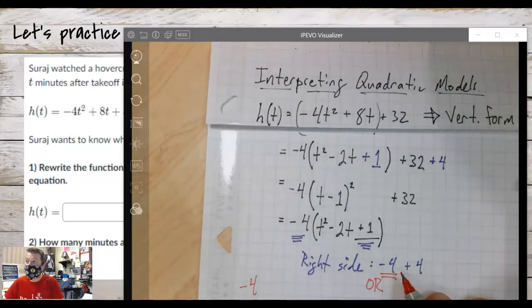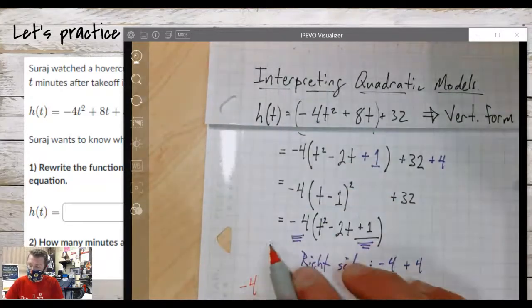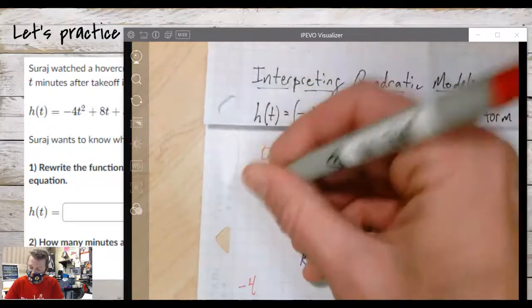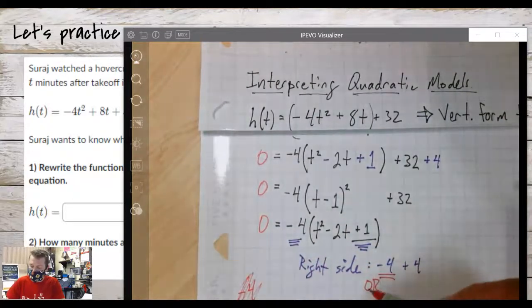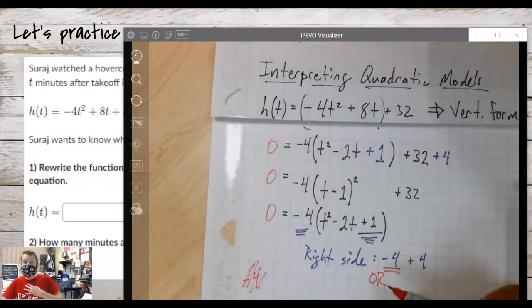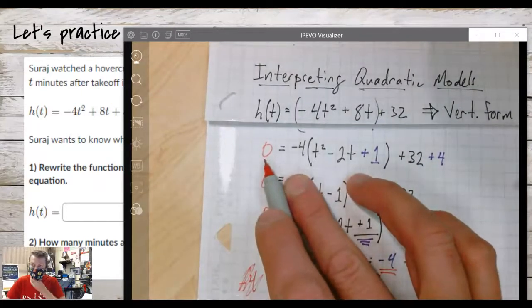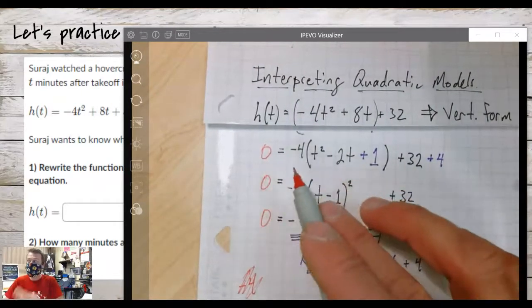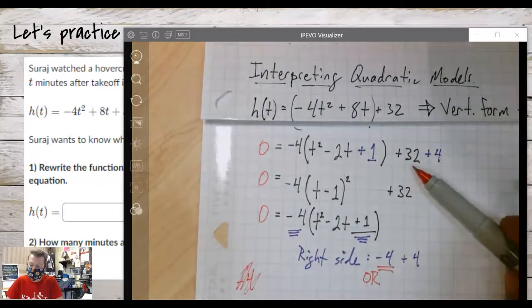The reason I'm not doing this is we don't want any numbers over here. We want this to be 0. So I don't want to do things on both sides like we, as a class, normally did, where we pushed the 32 over to the other side. But now, since we know we don't want that, and I talked in a previous day about how we don't actually have to do that step.